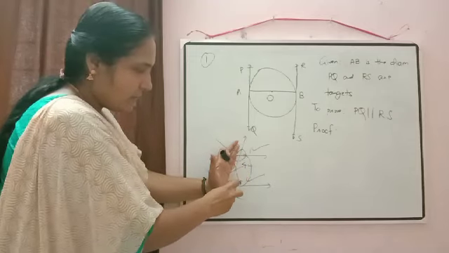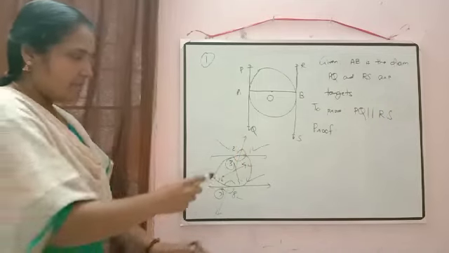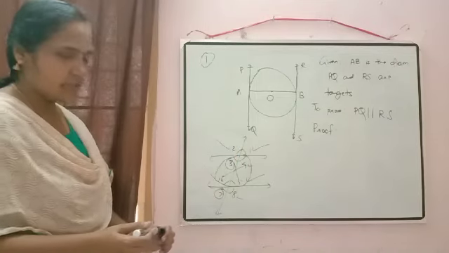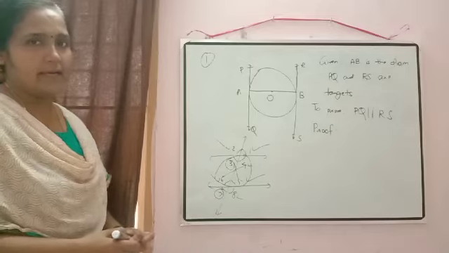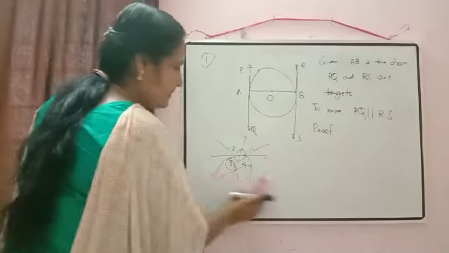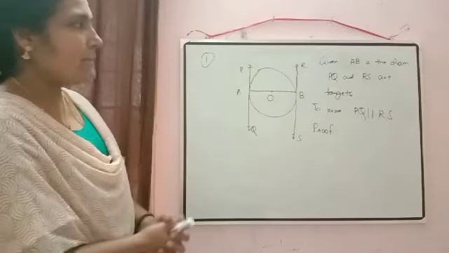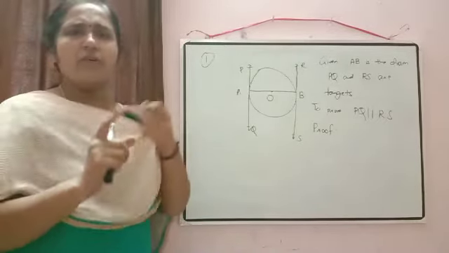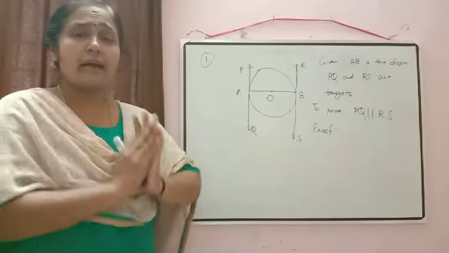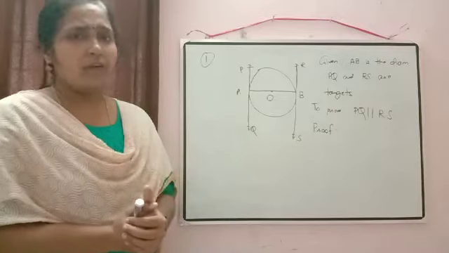So angle 4 plus angle 5 should be equal to 180 degrees, or angle 3 plus angle 6 should be equal to 180 degrees. These are the properties to check whether the two lines are parallel or not. You don't have to prove that all these angles are equal; you have to check any one property.